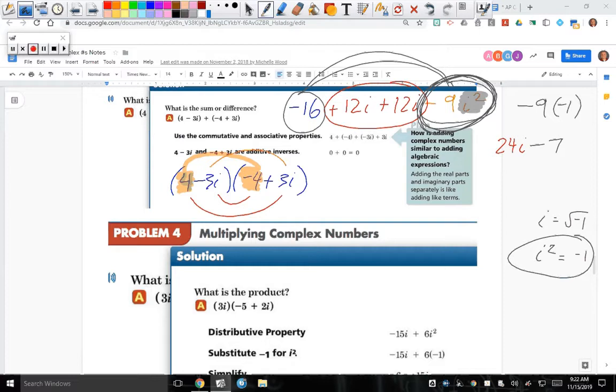Okay, so 24i minus 7. Is this the same as if I were to write it like this? It is. Okay? Which one do you think I prefer? The top or the bottom one? I actually prefer the bottom.